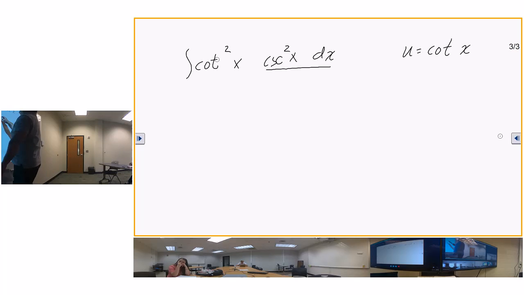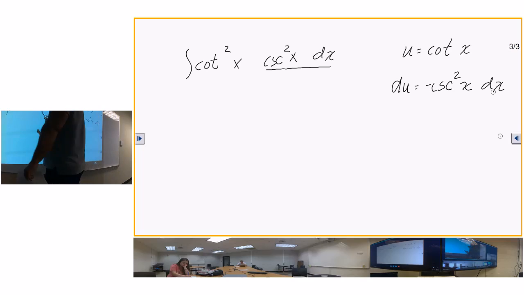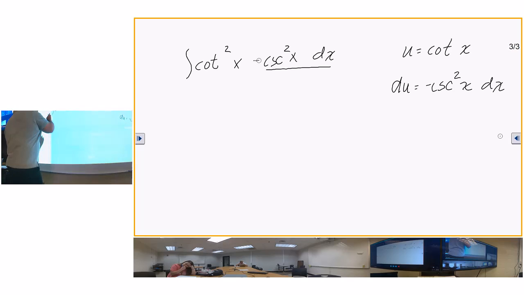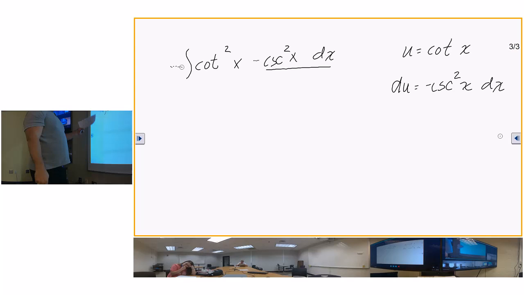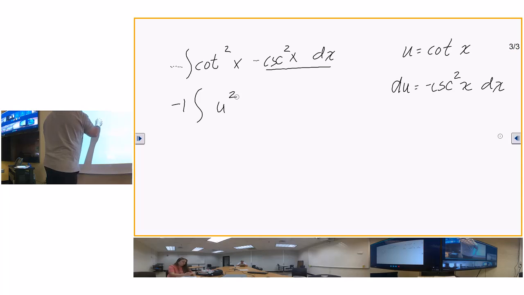So the du is equal to negative cosecant squared x dx. And look what we have. We have positive cosecant squared x dx. So we need to add a what here? A negative there, and we need to add a what? A negative there, because negative 1 times negative 1 is positive 1. So now we have the negative antiderivative of u squared du.